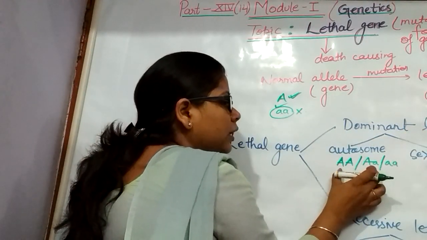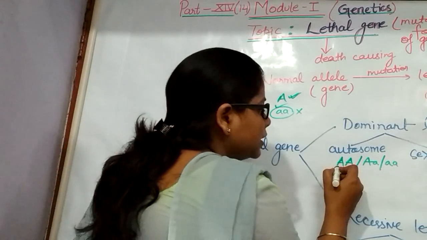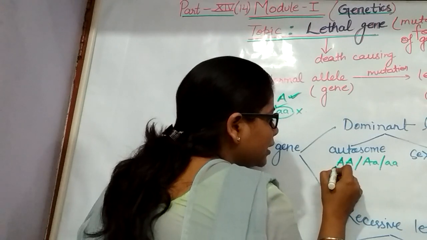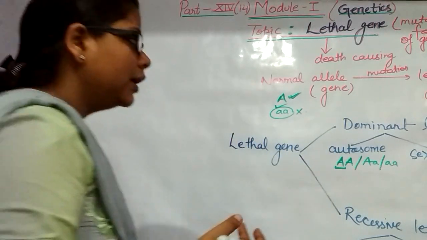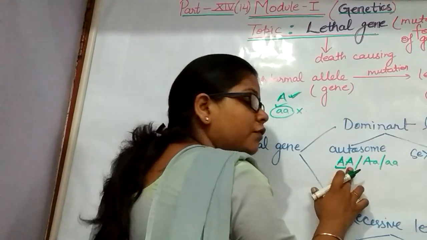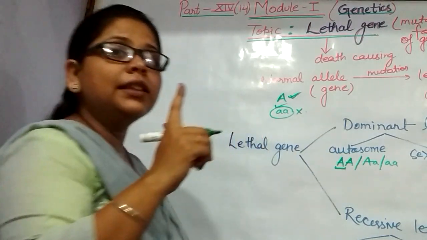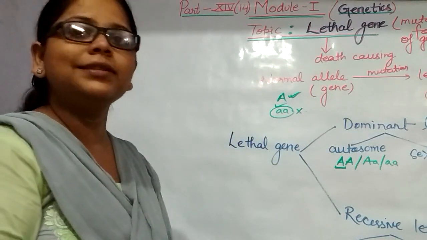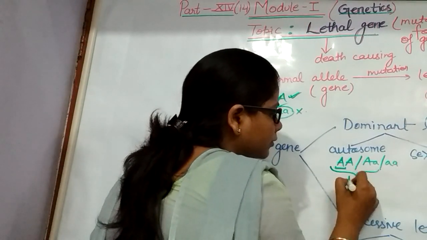It means in dominant form they will cause death. Dominant lethal means when they are present in their dominant form, they cause lethality, not in recessive form. So these both cause death.